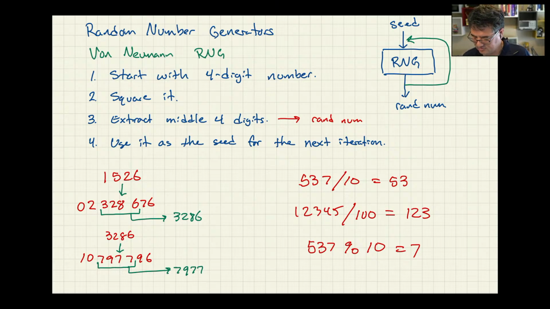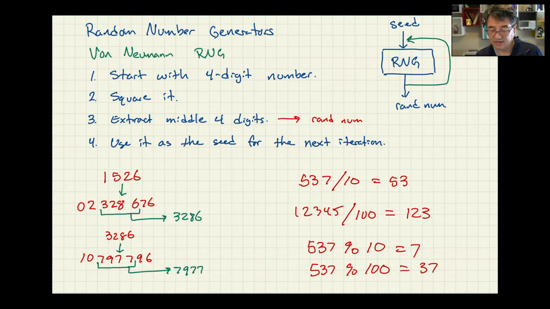So what could I do to 537 if I wanted to keep the 37? Modulus 100. Good. Modulus 100 is 37. And now the 5 goes away, and I keep the 37. So if I take my 8-digit number, this one here, 10,797,796, I can divide by 100 to get rid of the 96.